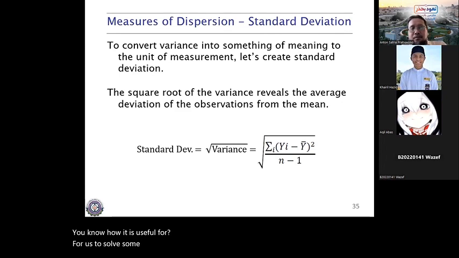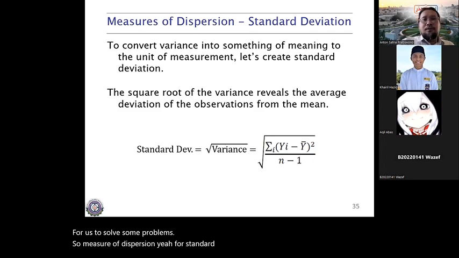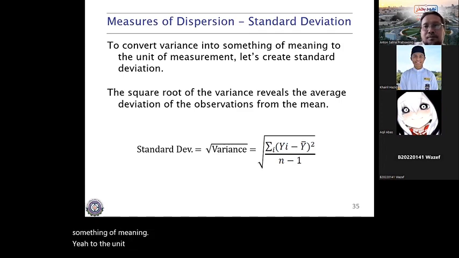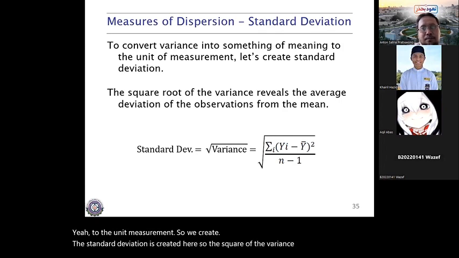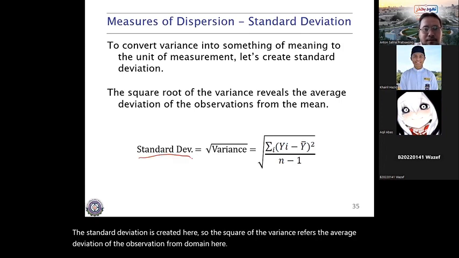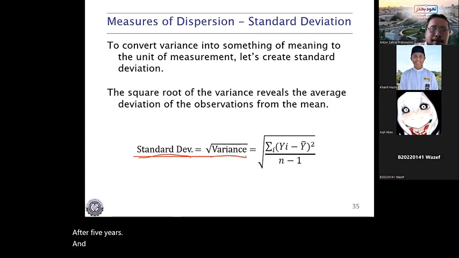So measure of dispersion, the standard deviation, converts the variance into something meaningful, in the unit of measurement. So the standard deviation is created here. The square root of the variance refers to the average deviation of the observations from the mean. After we got the variance, we perform the square root of the variance, and then this is the formula.